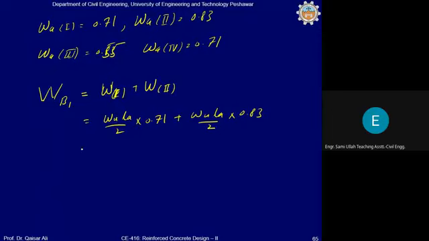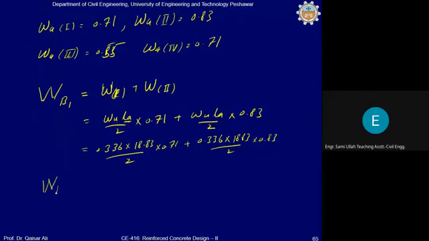तो इसकी वैल्यू जरा पुट करें. 0.336. LA is how much? 18.83 divided by 2 multiplied by 0.71 plus 0.336 multiplied by 18.83 divided by 2 multiplied by 0.83. तो ये जरा वैल्यू कैलकुलेट करें शाबाश.